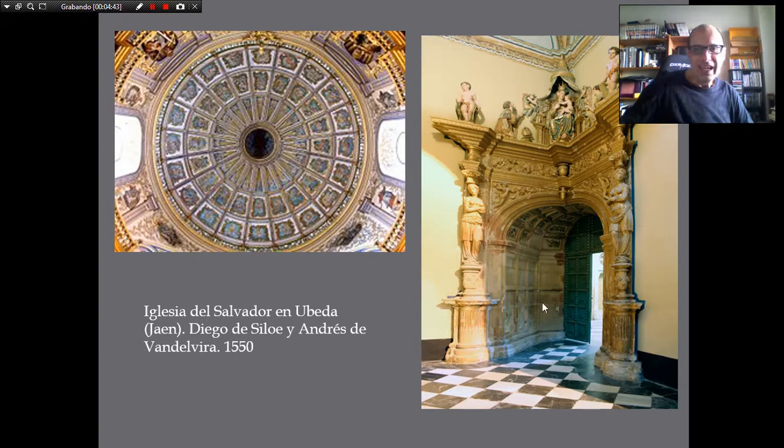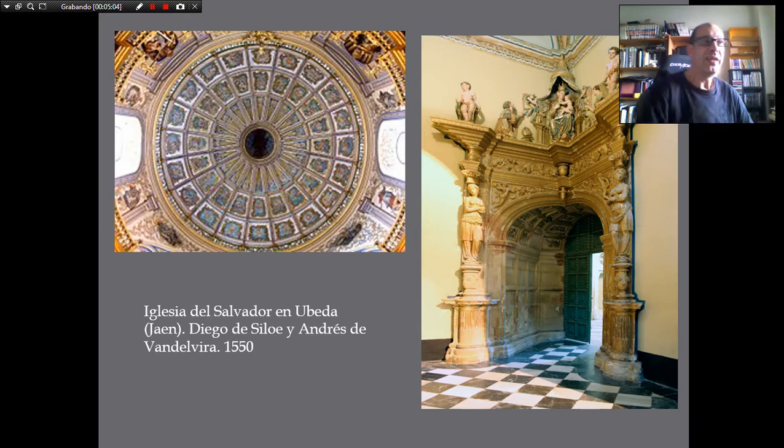Look at the entrance. This is the entrance to this place. Remember what I said. It's not an entrance in a straight line. It's a diagonal line. We have these figures that we are going to see in another building. Instead of columns, we have Hermes.